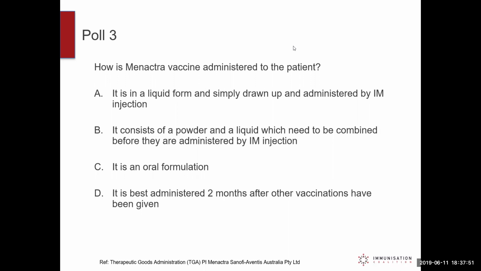Just looking at a question here from Alice in the inbox, why is Menactra the least preferable vaccine for ACWY? Alice, I've just got the NCIRS fact sheets here in front of me, and these are excellent fact sheets for providers. So jump onto the NCIRS website, which is the National Centre for Immunisation Research and Surveillance, and it will answer lots and lots of your questions.